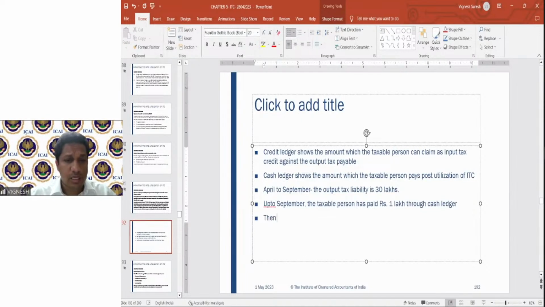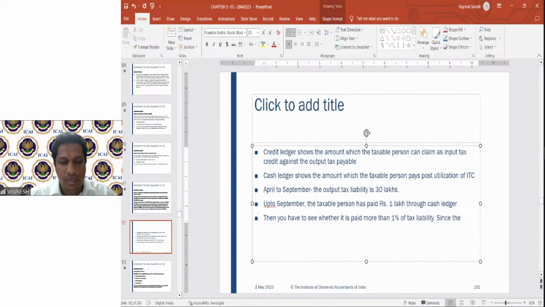Then you have to see whether it is paid more than 1% of tax liability. What is 1% of tax liability? 30 lakhs, so 30,000.